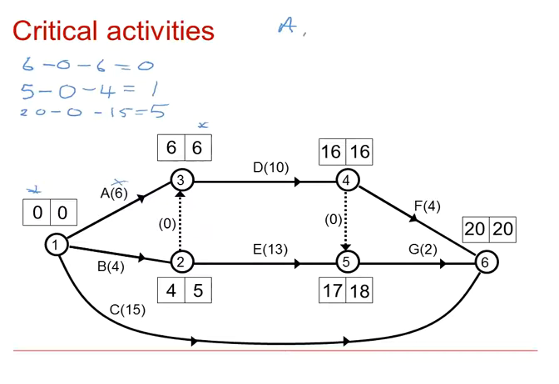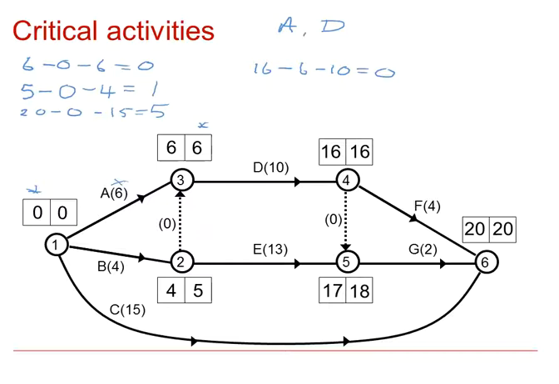C is not critical. For D, we have the 16 outside box minus the 6 outside box minus 10, which would give us 0, so D is critical. E, we already know, has a float of 1, so is not critical.